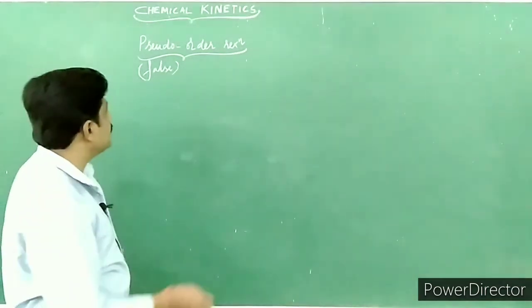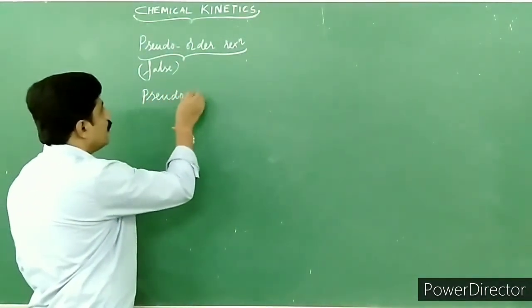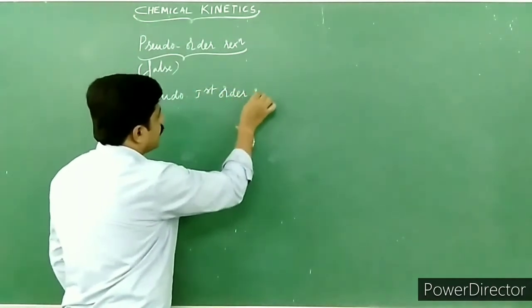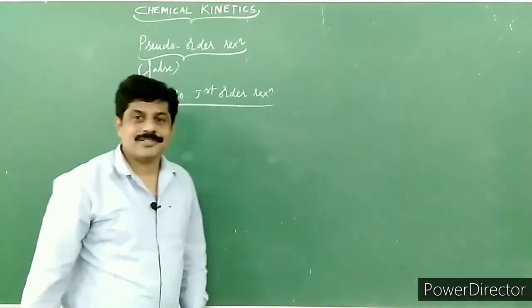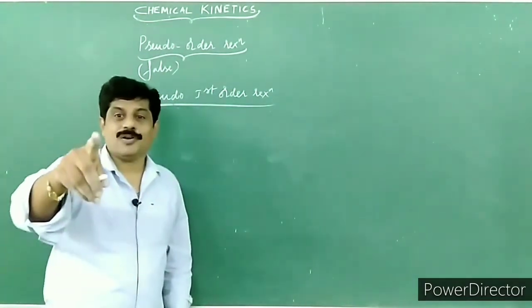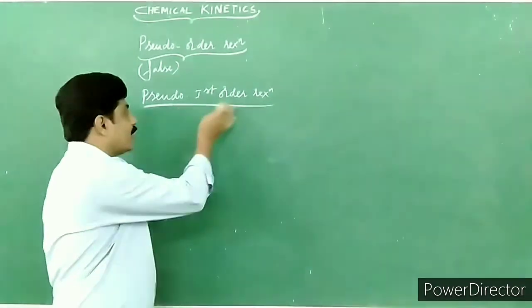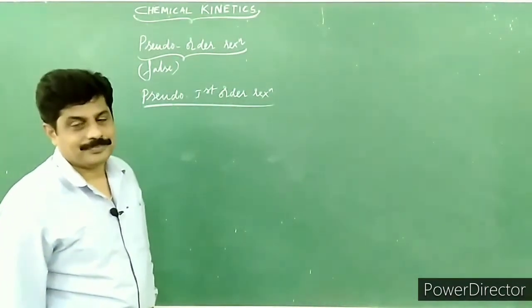Children, in the new syllabus, we have pseudo first order reaction. A reaction which appears to be second order but actually follows the kinetics of a first order chemical reaction is called a pseudo first order reaction.